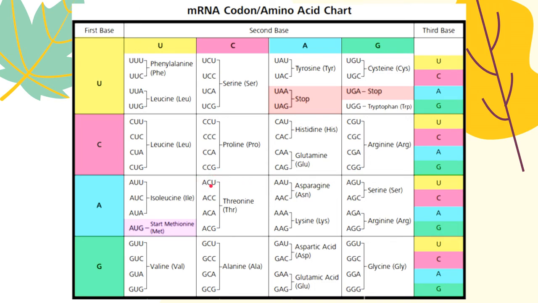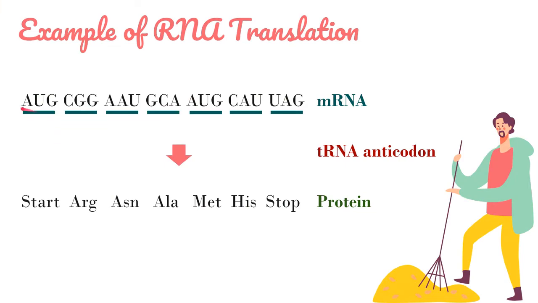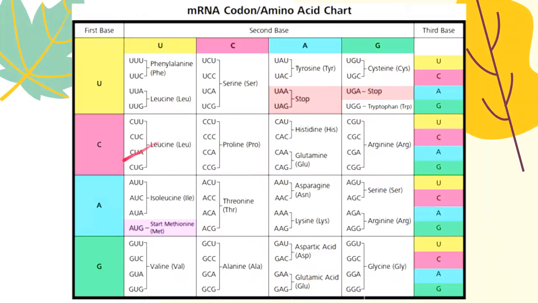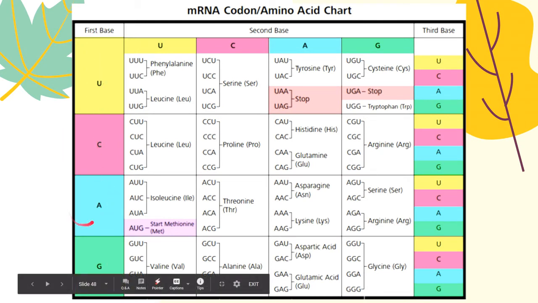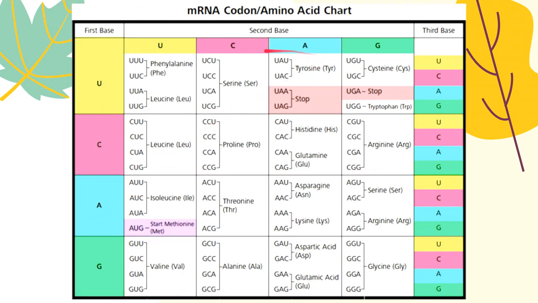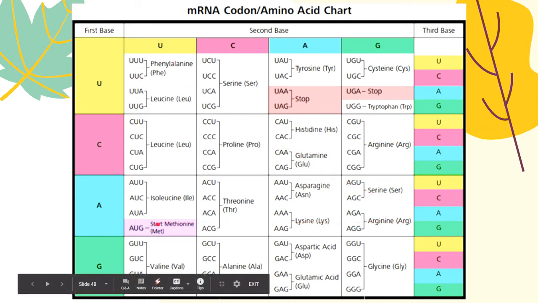So how do you do that? For example, AUG is read this way. The first letter, or the first base, is found on the left side, A. Then the second base is found here on top, U. And then the third base will be found here on the right side. So A, U, G. Okay, that's your start codon.